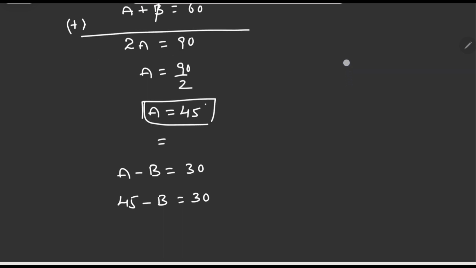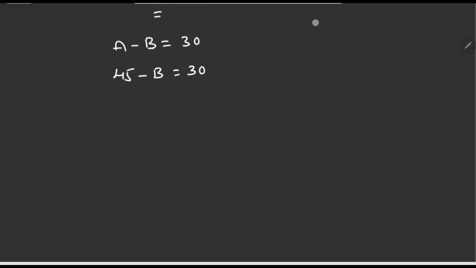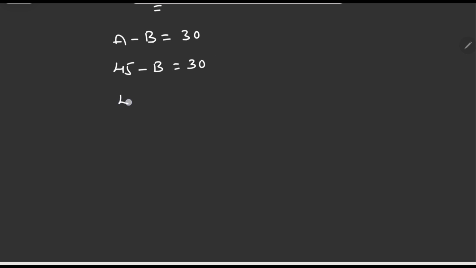So to get the B value, as it is negative, on transposing, B will be 15 degree.